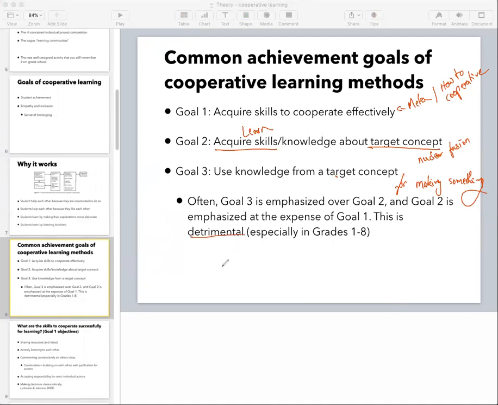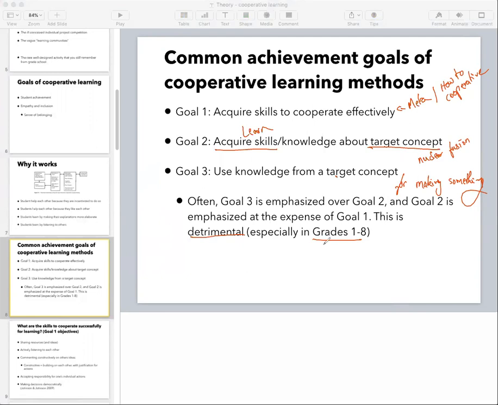It is far better to focus on goal 1 and 2, especially in grades 1 through 8, where students can learn how to cooperate effectively and those skills will help them achieve goal 3 as they grow older. Unfortunately, right now, we have this backwards, and goal 3 is overemphasized while goal 1 is underemphasized.